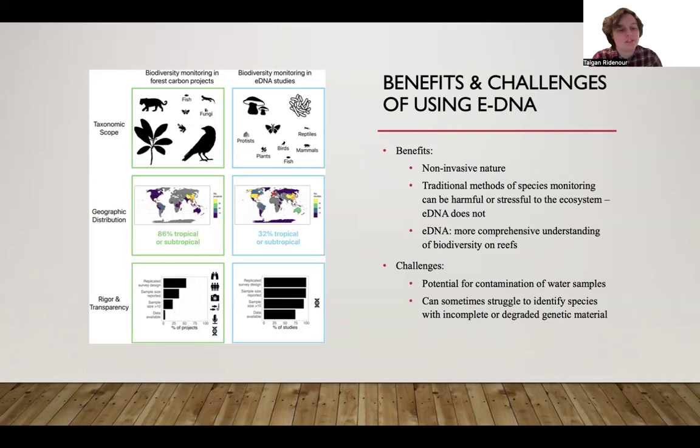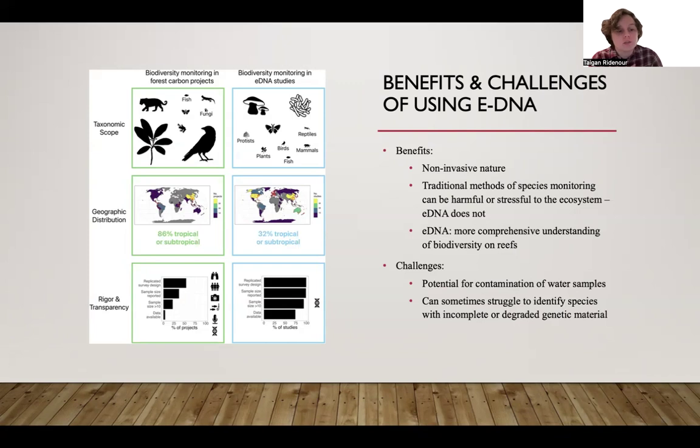However, eDNA sampling does not require the physical presence of researchers within the habitat, making it a much more ethical and eco-friendly option. Furthermore, eDNA provides a more comprehensive snapshot of biodiversity, allowing researchers to detect a wider range of species than traditional methods.